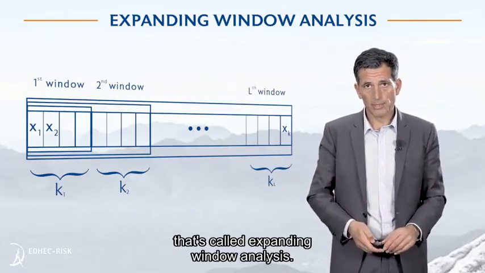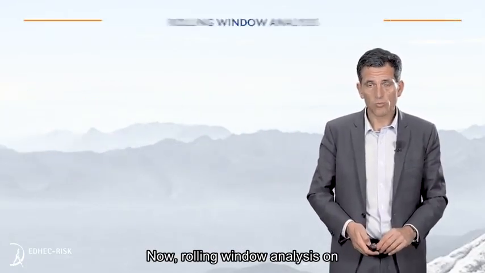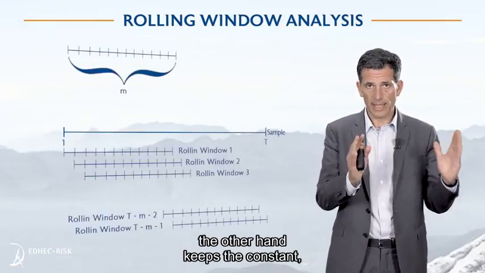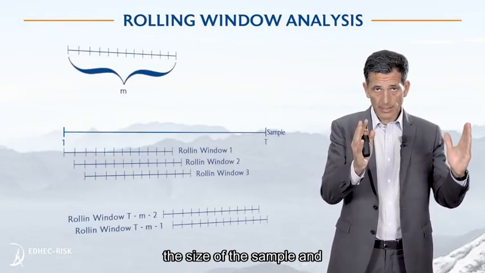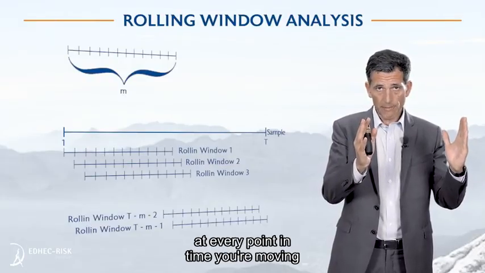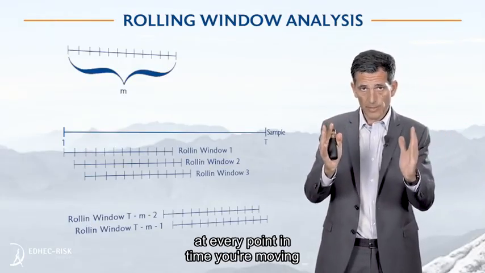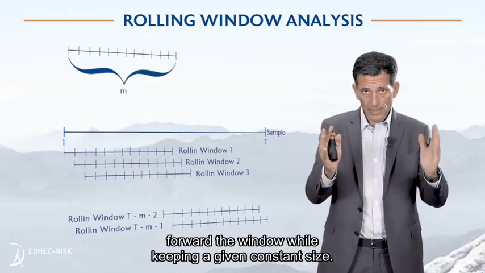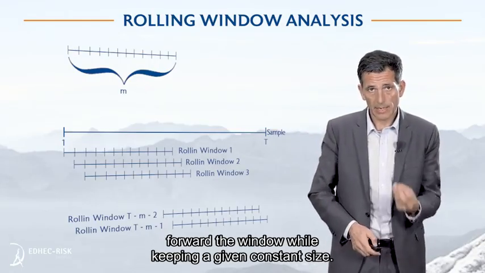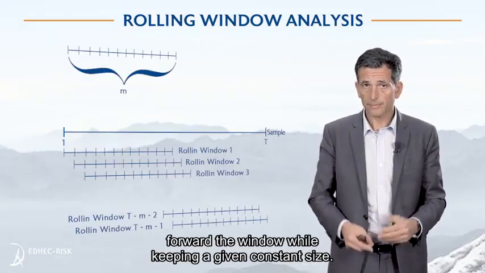That's called expanding window analysis. Now, rolling window analysis, on the other hand, keeps the size of the sample constant. And at every point in time, you're moving the window forward while keeping a given constant size.